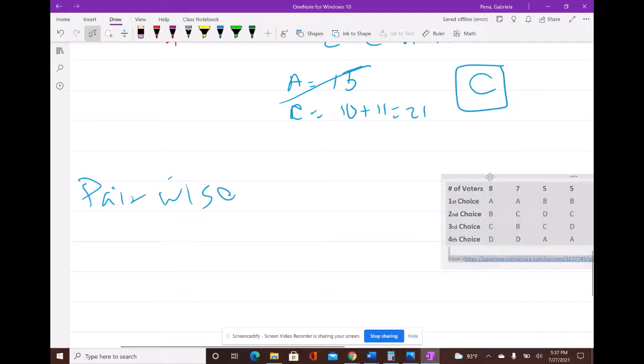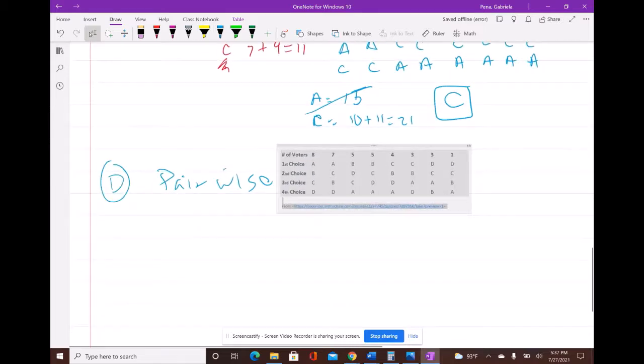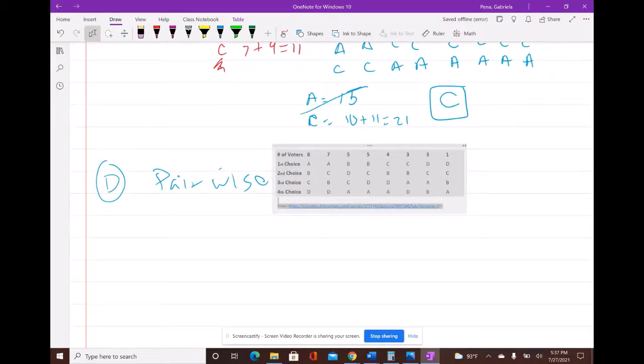So pairwise is you're going to pair one with the other, and you're going to be comparing AB and see who has more votes between A and B. So A wins here, so there's 8. A wins here, so there's 7.